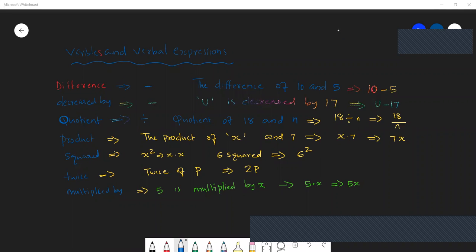And now we can try to flip this. Just now we explained the algebraic expression for a given verbal expression.